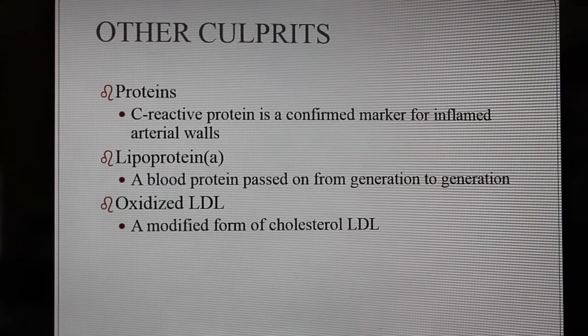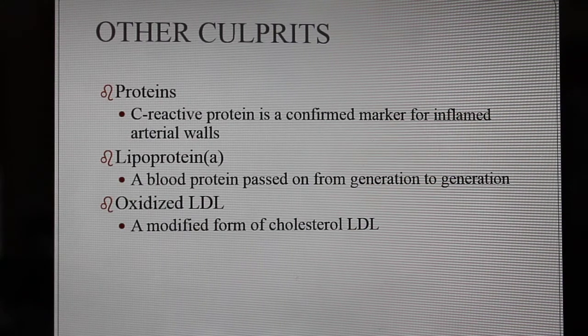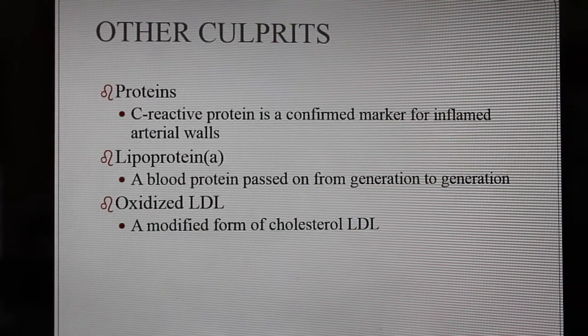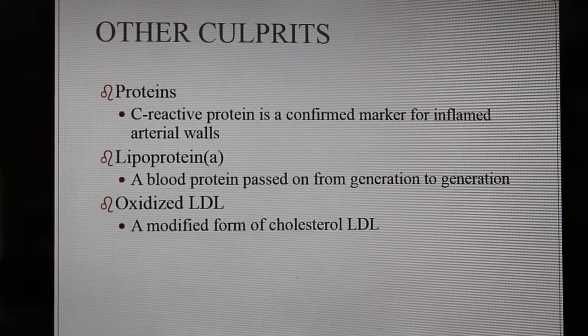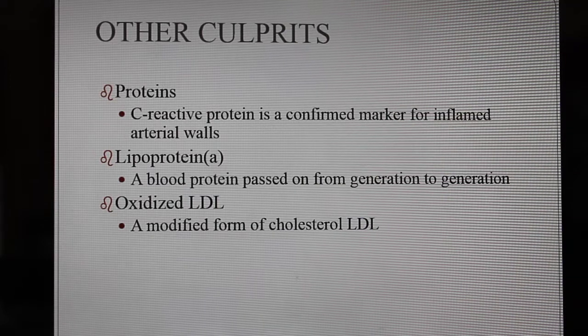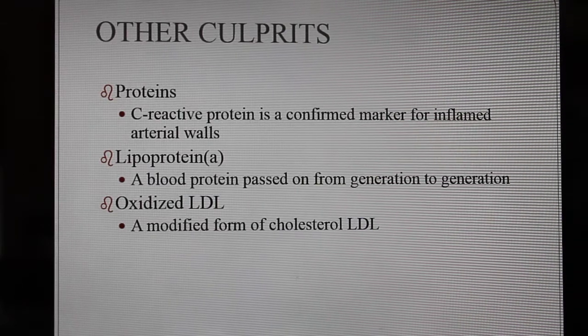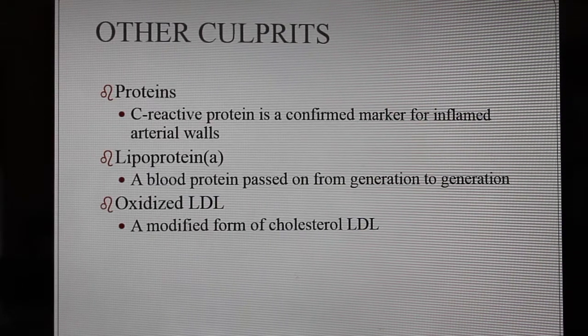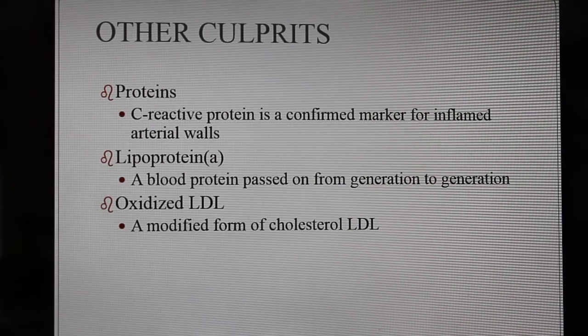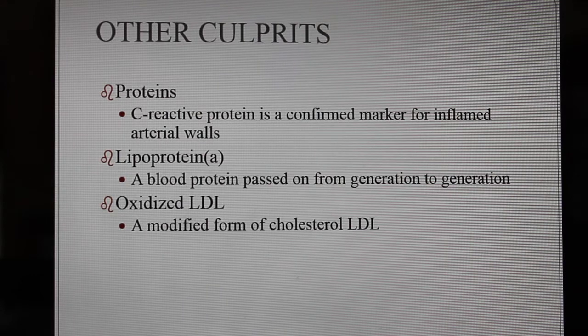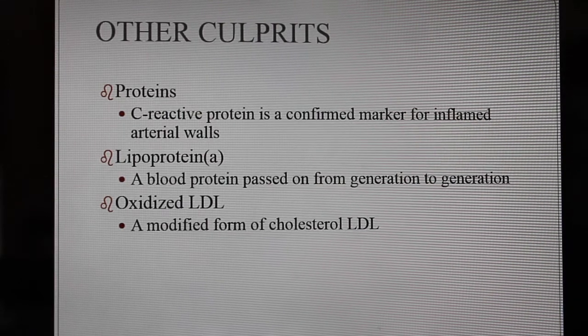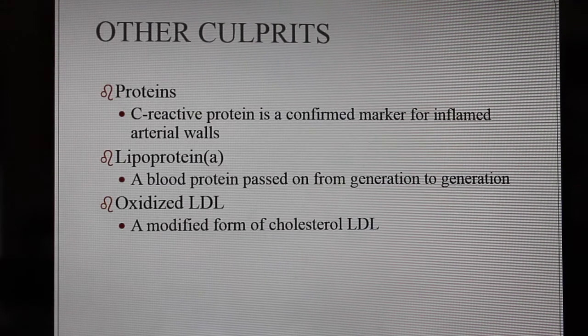Lipoproteins, that's a blood protein passed on from generation to generation. That's kind of what we talked about. A lot of the time, this is your lipids or your triglycerides, LDL, HDL that is in your blood. They definitely raise the risk for coronary artery disease, sometimes doubling the risk. It usually, like I said, represents LDL.